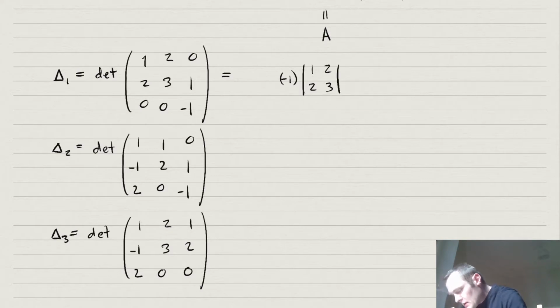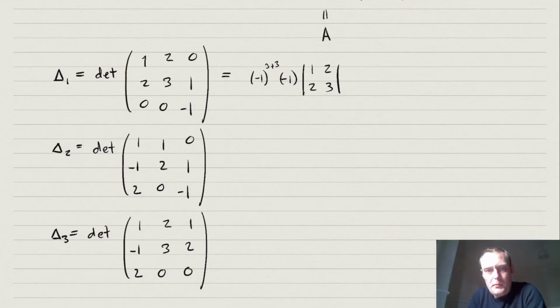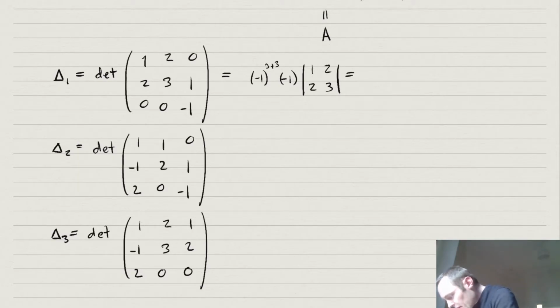And do we need a negative for that? Well, we'll get minus 1 to the power of 3 plus 3. So this is the third row, third column. And so minus 1 to the power of 6 is 1. So we wouldn't need a minus sign there. Now that will end up as minus 1 times 3 subtract 2 times 2 is 4, giving us minus 1 times minus 1, which is 1.